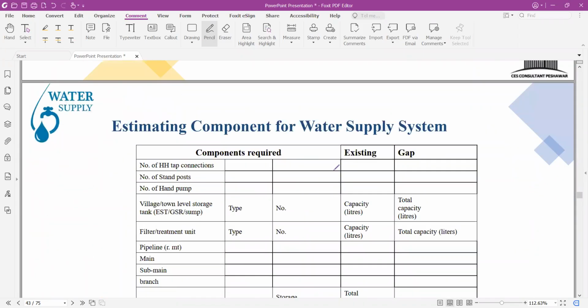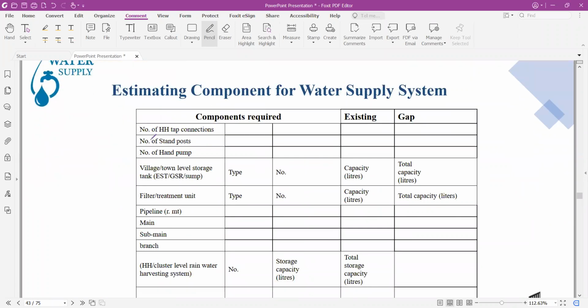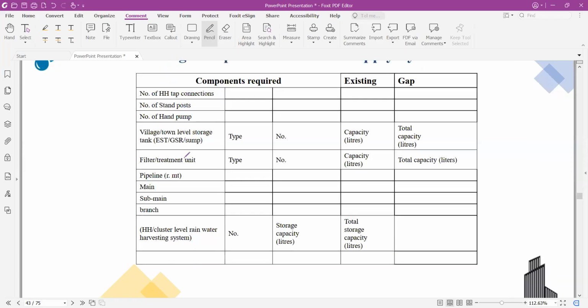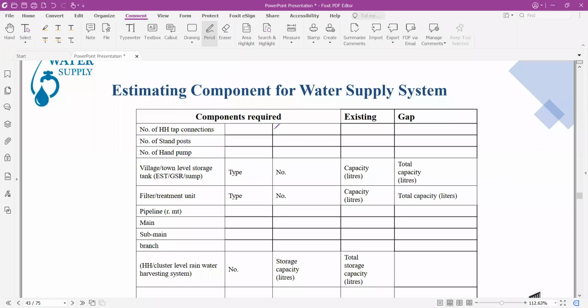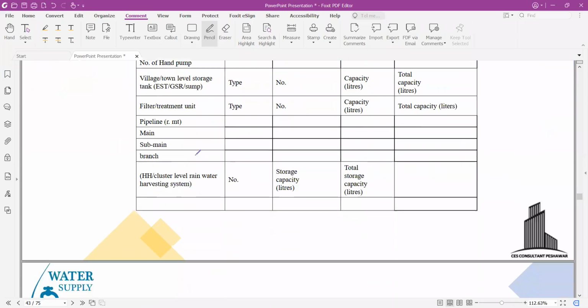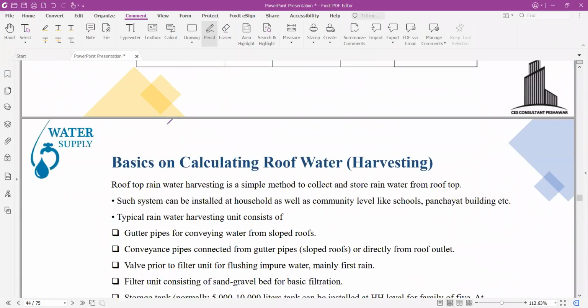Based on that gap, you can calculate the number of household tap connections, number of stand posts, number of hand pumps, and the required pipeline: main, sub-main, and branch. So by using that gap, you can easily calculate these parameters for a water supply system.